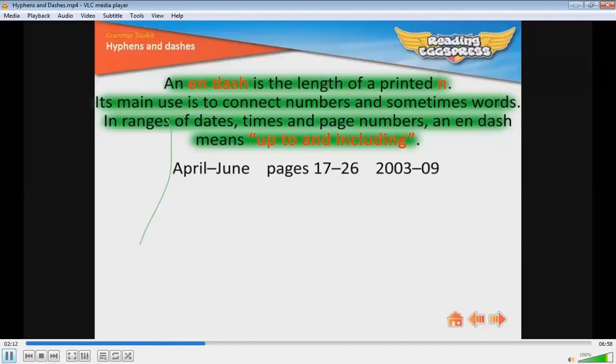And for the dates 2003-2009, it means up to and including those years. So the N dash here, for that example, pages 17 to 26, means all the pages between 17 and 26, starting from 17 reaching 26. That's the N dash.